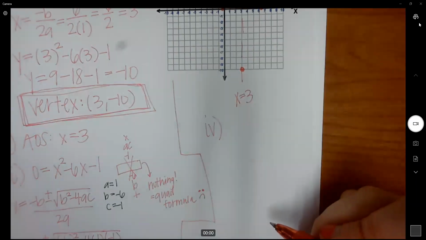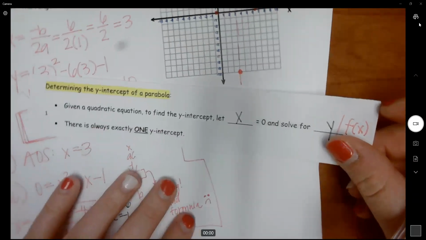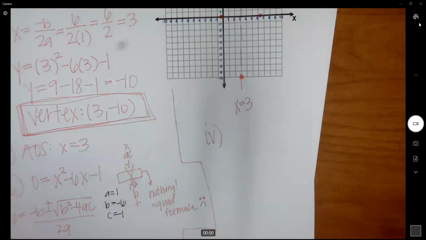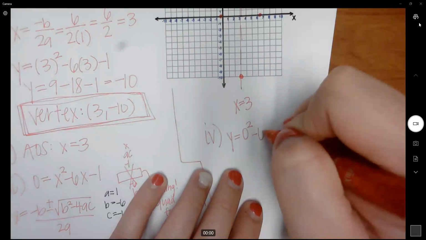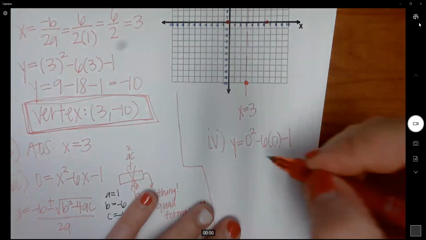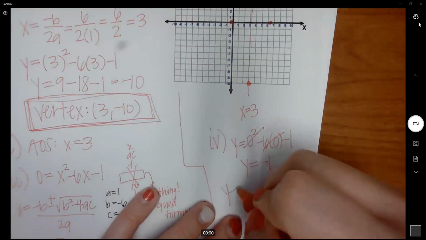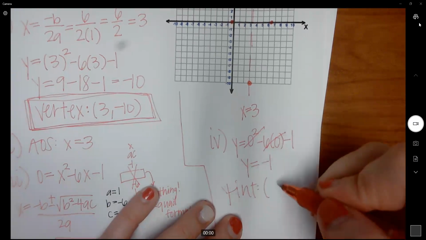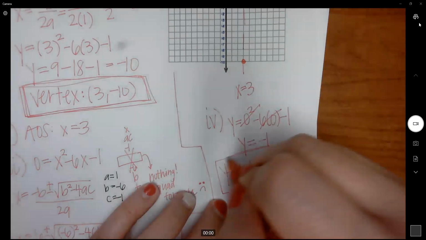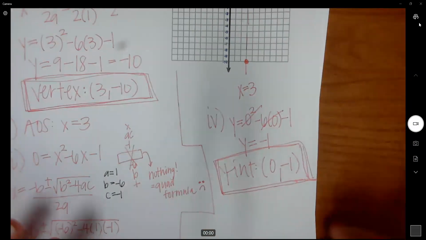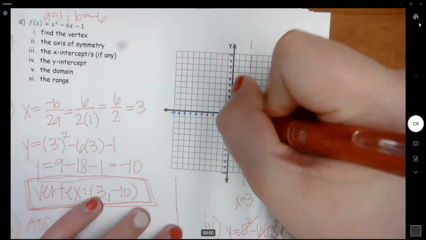Now 4, the y-intercept. You find the y-intercept by letting x equal 0, and then we'll solve for y. So I've got y equals 0 squared minus 6 times 0 minus 1. Those go away. We get y equals negative 1. So as an ordered pair, we've got 0, negative 1.